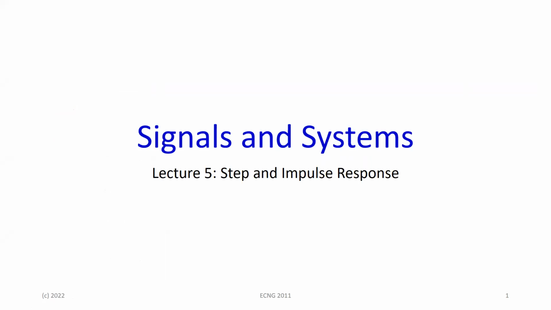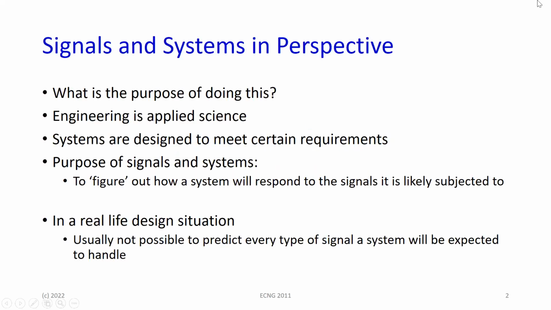So we have a set of standard signals that we use all the time. And if we figure out the response to those, we're fairly certain how the system will respond to everything else. The step signal was one, the impulse was one, the sinusoid was one, and the ramp was the other. So let's have a look now at a little more in depth into what a step and an impulse response cause.